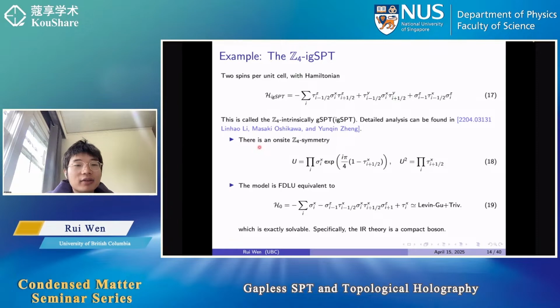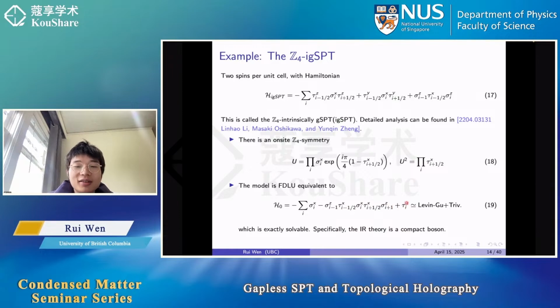So there is an on-site Z4 symmetry, right? You can check this is Z4. This is order 4. U squared is the product of tau x. And this model is FDLU, finite depth local unitary, equivalent to the following. This is actually just the Levin-Gu Hamiltonian plus trivial, because this tau x commutes with the rest, which means in the ground state you can set this to 1.